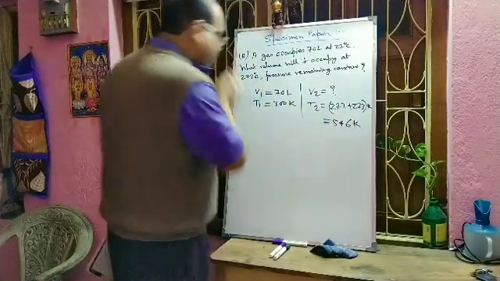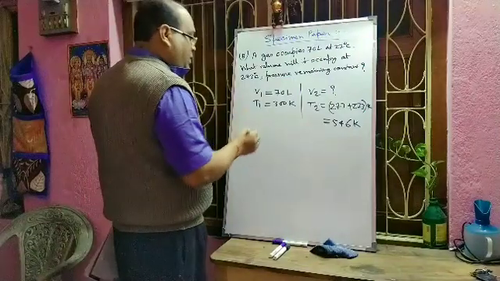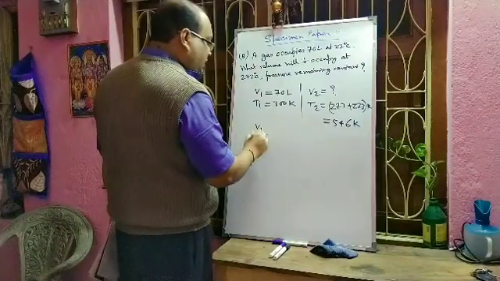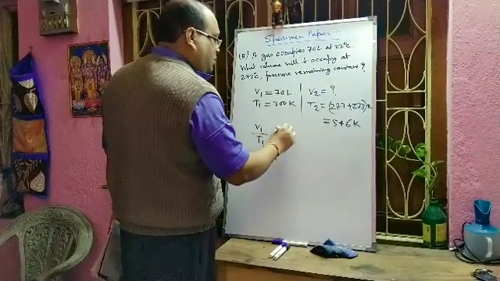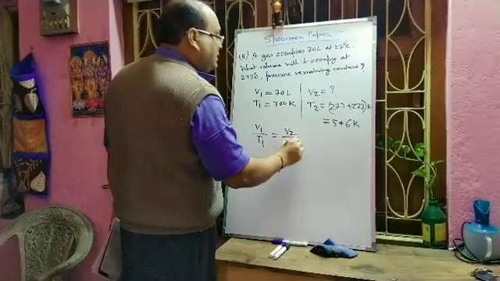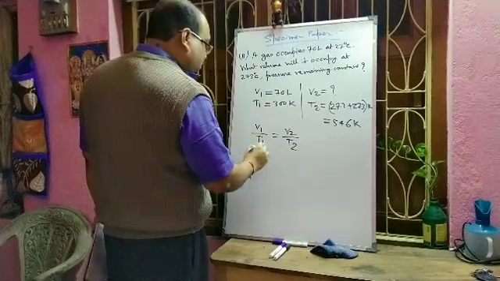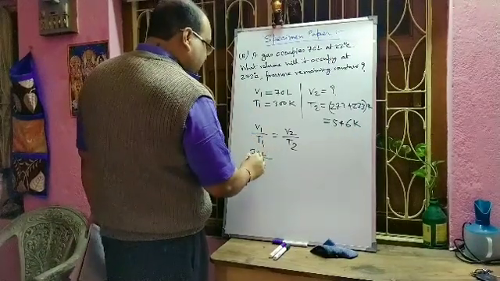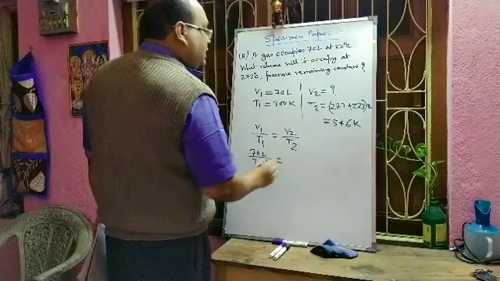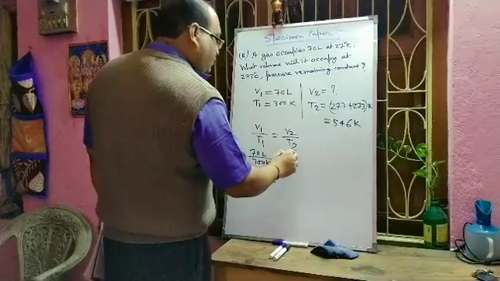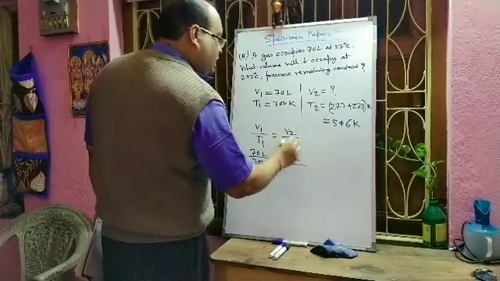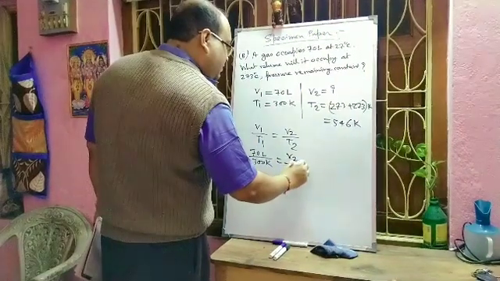So if you calculate, you will get 546 Kelvin. Okay. So now here you will apply the formula, that is V1 by T1 equals V2 by T2, from Charles' law, when pressure remaining constant. So now you put this value, that 70 liter divided by 300 Kelvin is equal to V2, you have to find out, and T2 is 546 Kelvin.